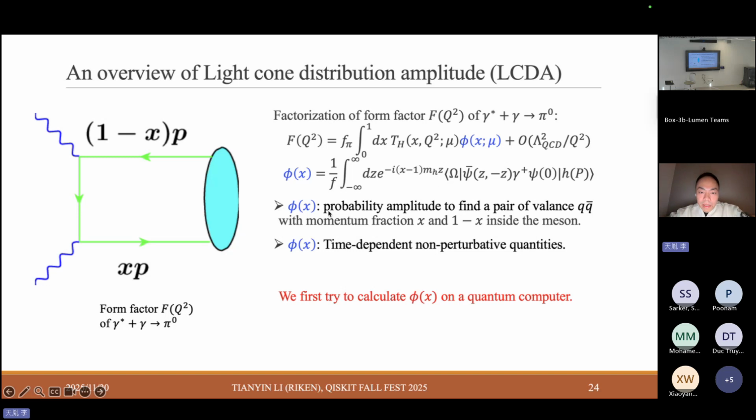Its physical meaning is the probability amplitude to find a pair of valence quarks with the momentum fractions x and 1 minus x inside the meson. And this is also a time-dependent non-perturbative quantity because this quantity is also the Fourier transform of the light-cone two-point function.